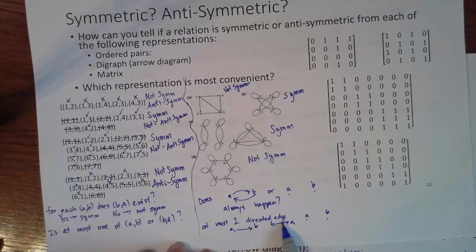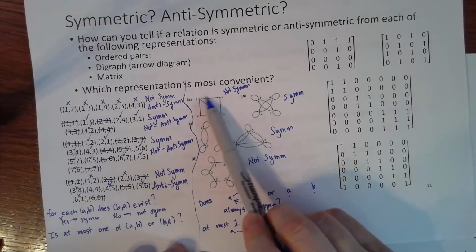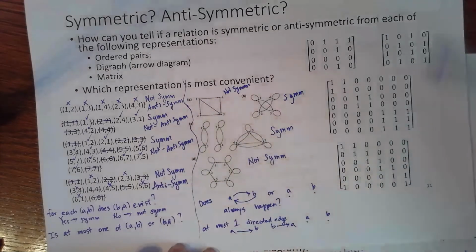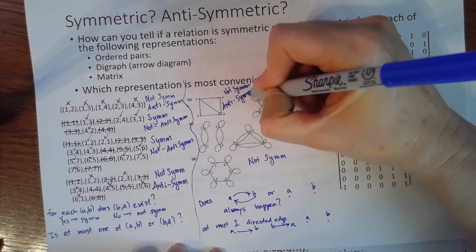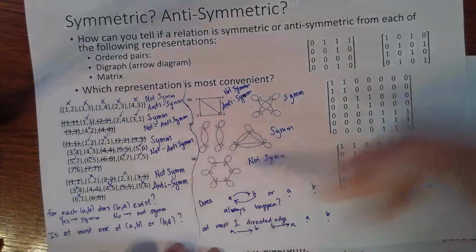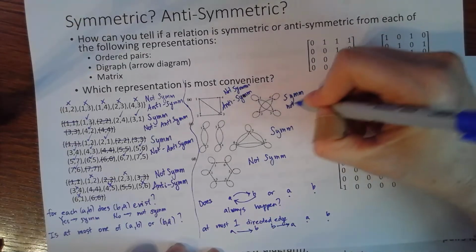So one directed edge or zero directed edges, at most one. Does this have at most one directed edge? Yes. So this one is anti-symmetric. Okay, here I see all these double ones between, so this one's not anti-symmetric.